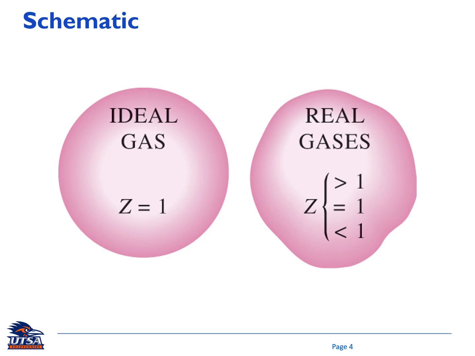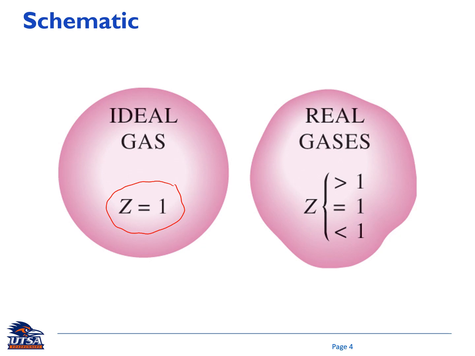These two schematics show the comparison between ideal gas and real gas. For ideal gas, once again, we have Z equal to 1. For real gas, Z can be 1, below 1, or above 1.